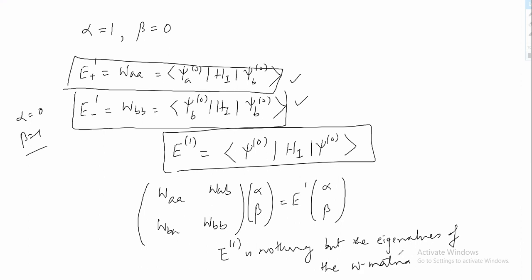Now, we have considered only two-fold degeneracy, psi A0 and psi B0.